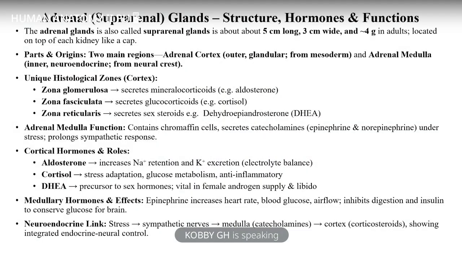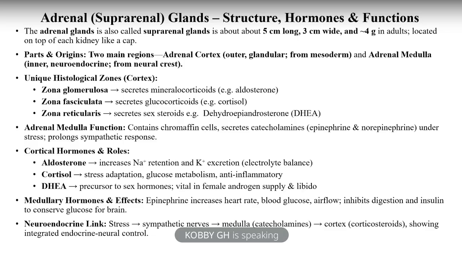Remember, the capsule is not an endocrine gland. The capsule doesn't produce any hormones. That's why our concentration is on the divisions, because we are doing the endocrine system. All the zones that we've mentioned have endocrine roles.